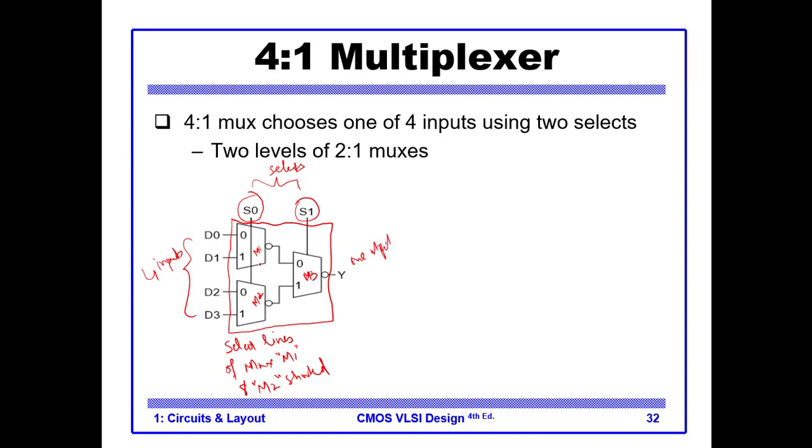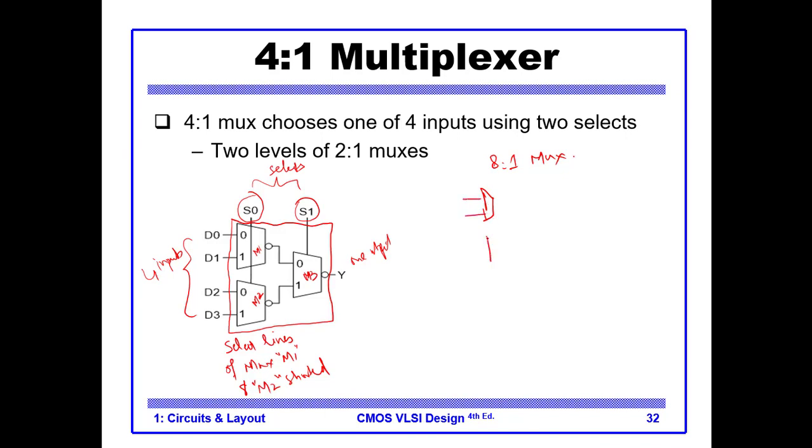So we know the CMOS level circuit of a 2x1 mux, so we can draw the CMOS level circuit for a 4x1 mux by using the same circuit 3 times and interconnecting it in this fashion. If I ask you to construct an 8x1 mux, you can do it again by using 2x1 mux.